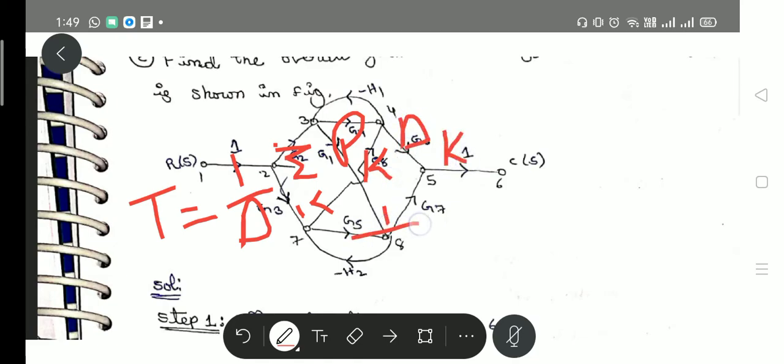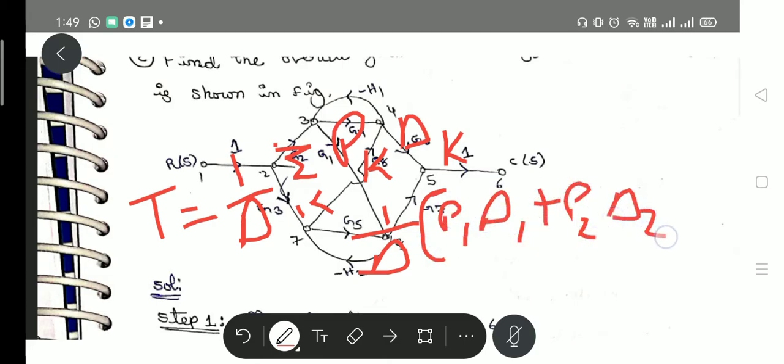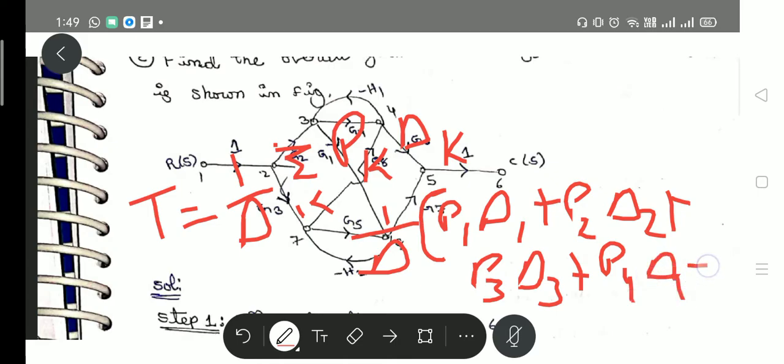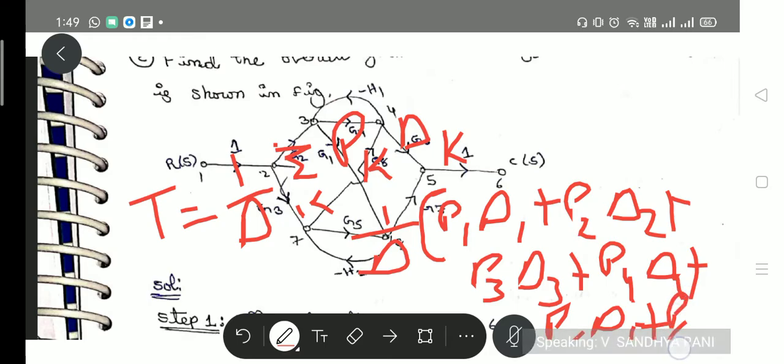So 1 by delta into P1 delta 1 plus P2 delta 2 plus P3 delta 3 plus P4 delta 4 plus P5 delta 5 plus P6 delta 6. We have 6 forward paths, so we can take up to P6 delta 6. This is the formula for the transfer function.